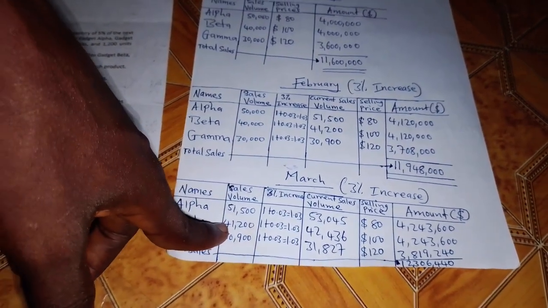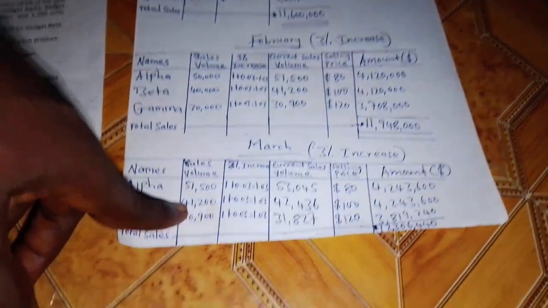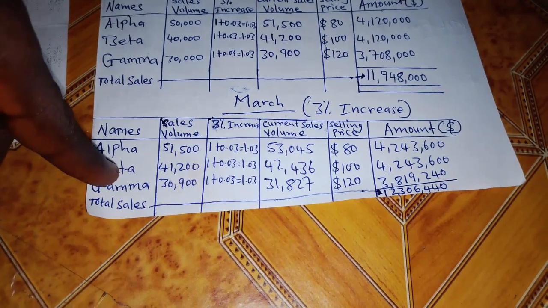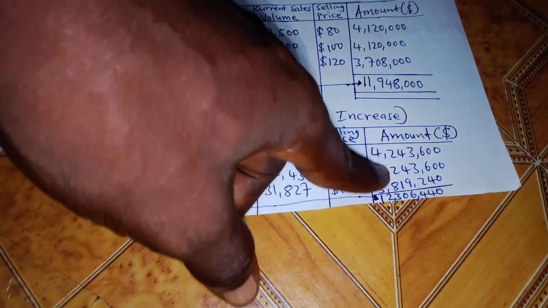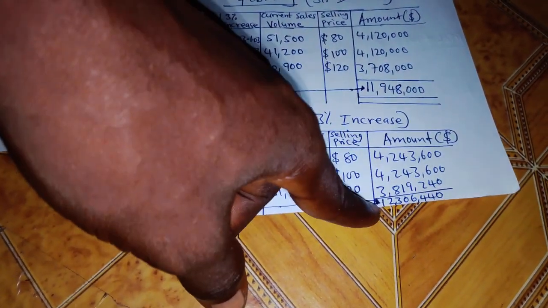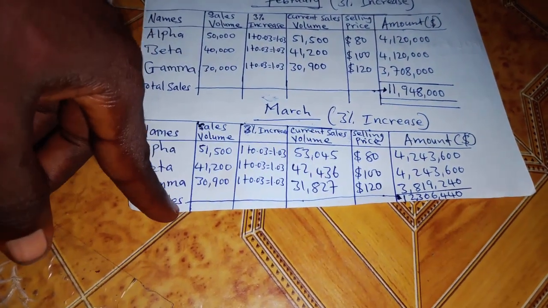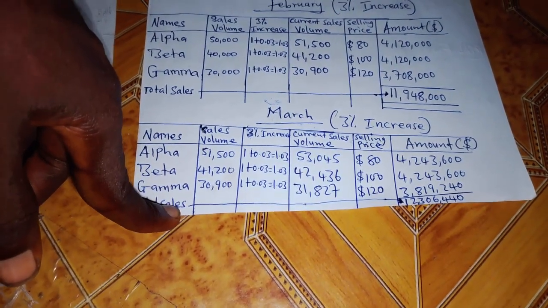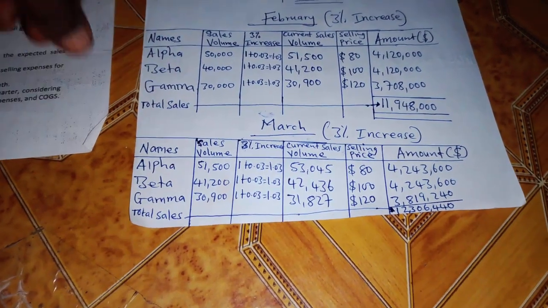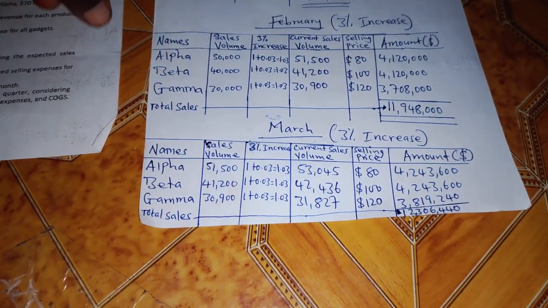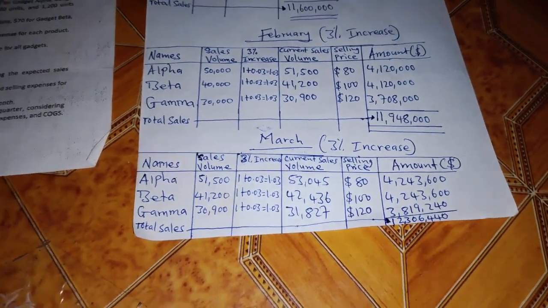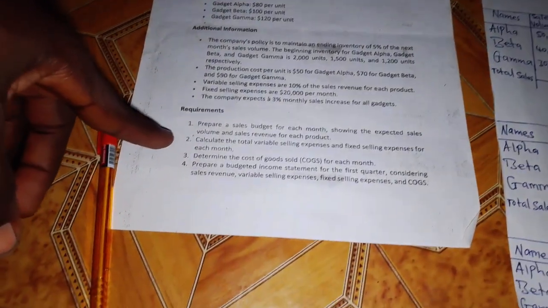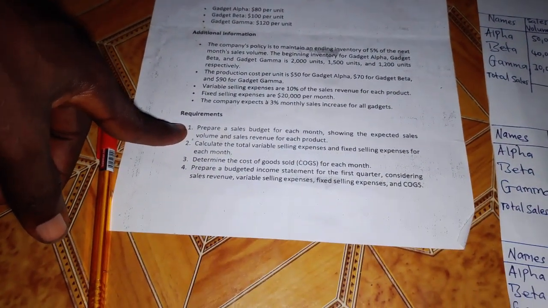The same thing applies to the following, as you can see. Then we add the total. This total is what we call the total sales. Are we seeing? So this is how we calculate the sales budget for each month. So we have done with the first requirement.